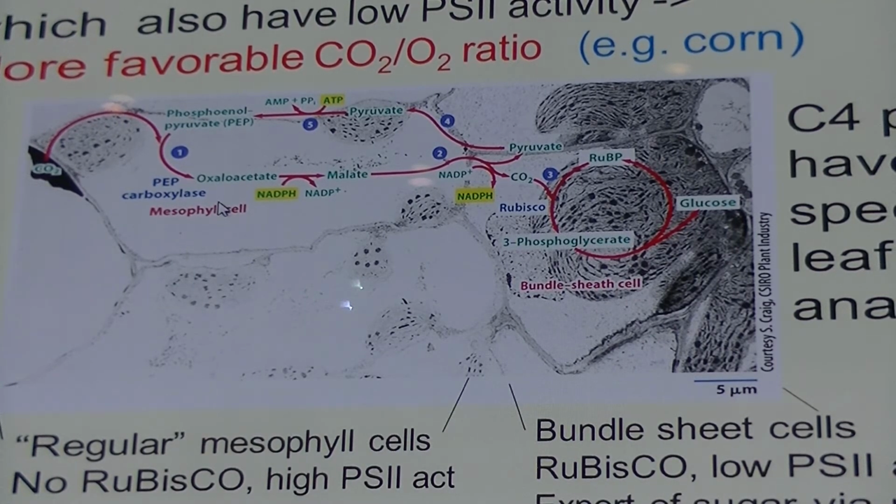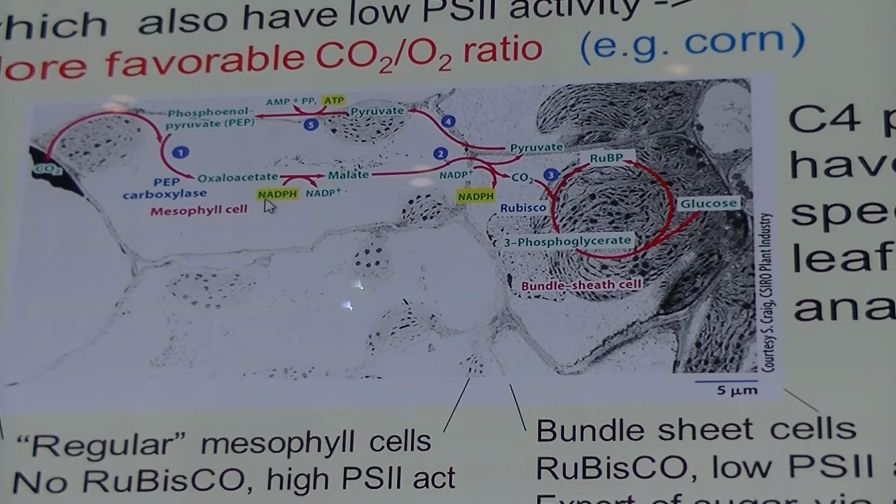In addition, they use NADPH, and that reductant is transferred into malate. That's a reductive step. So this more reduced molecule is transported to the bundle sheath. In the bundle sheath, that reductant is used to also drive the Calvin cycle.